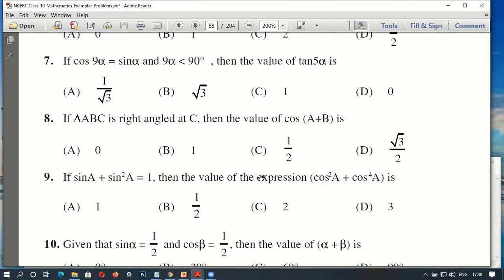See, just think like that. Cos of 9 alpha. See, 9 alpha is less than 90. So cos of something less than 90. Take anything, say, just for assuming it, cos of 89, 80, anything less than 90, is equal to sine of alpha.